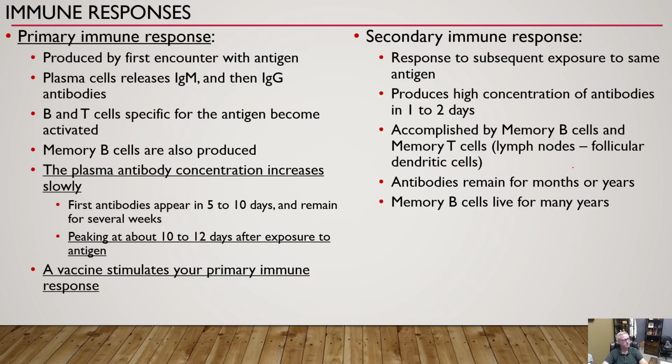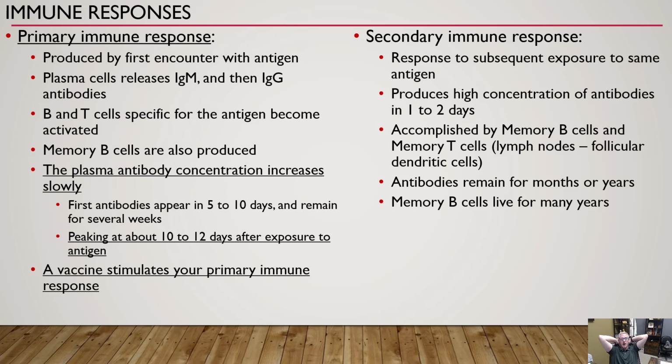All right, so remember that we have a primary response and a secondary response. Remember that secondary response is those memory cells. So with our primary immune response, that's our first encounter with that antigen. Our plasma cells, our B cells, are going to release IgM and IgG.